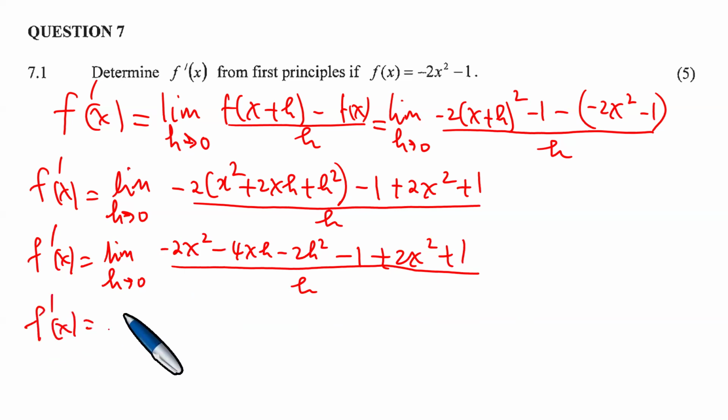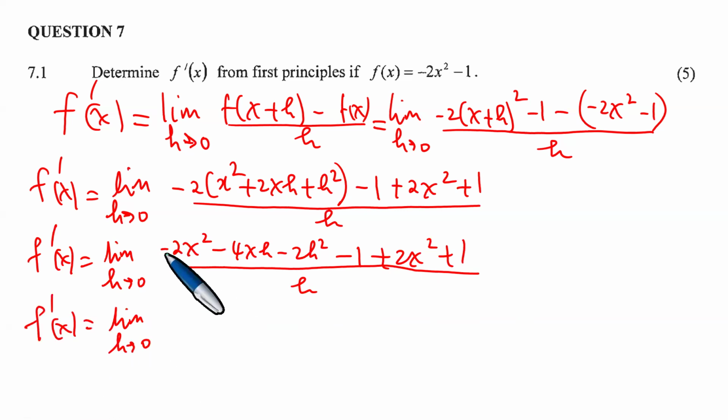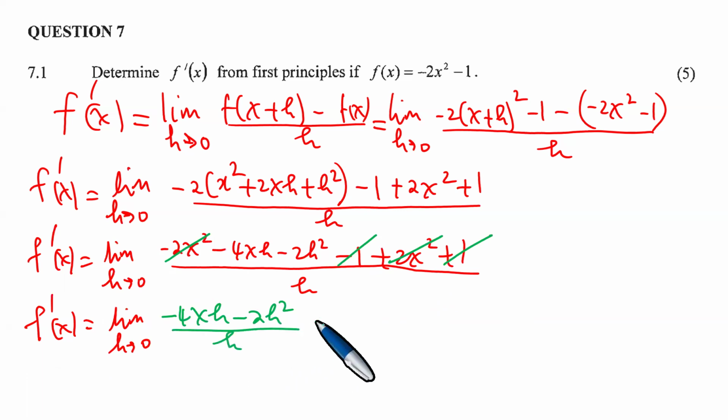So f prime is the limit as h tends to 0. Now the minus 2x squared and 2x squared cancel out, minus 1 and 1 cancel out, giving us exactly minus 4xh minus 2h squared all over h.